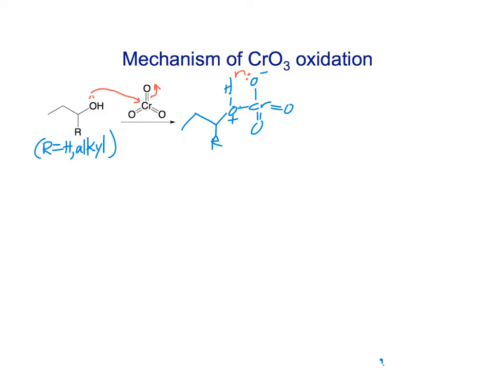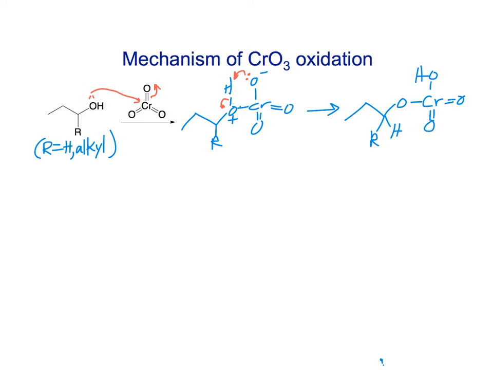So I'm just going to show this as a single proton transfer. It could be that the solvent picks up one proton and then delivers another one in two separate steps, but just to simplify things, I'm going to do it this way. Then we have this OH like this, and so everything's neutral.